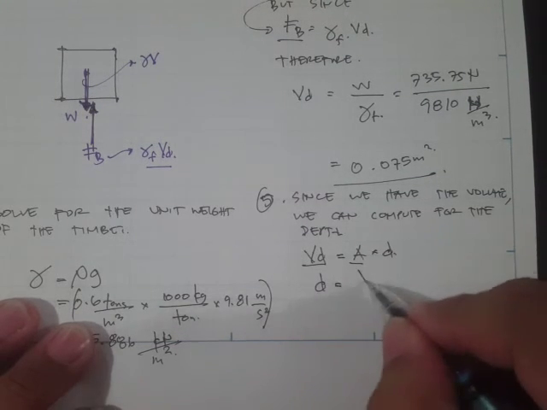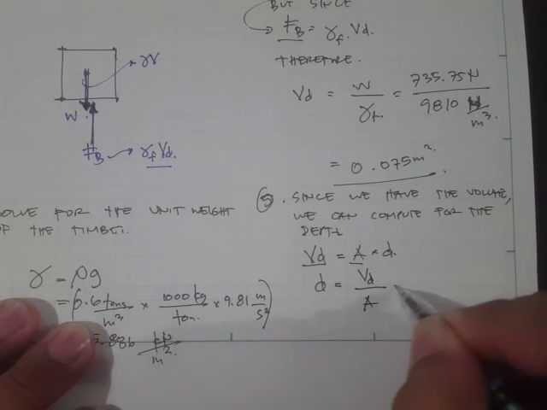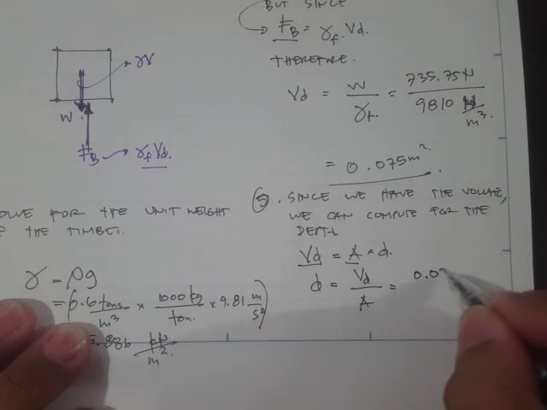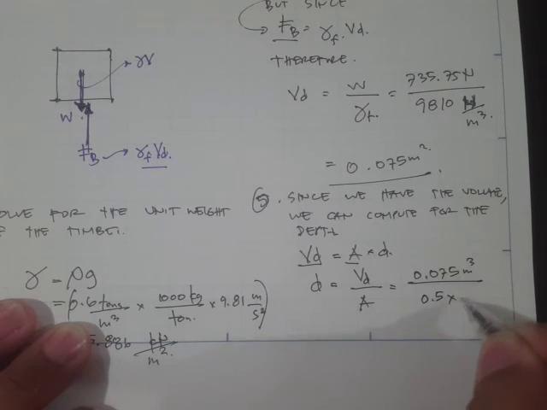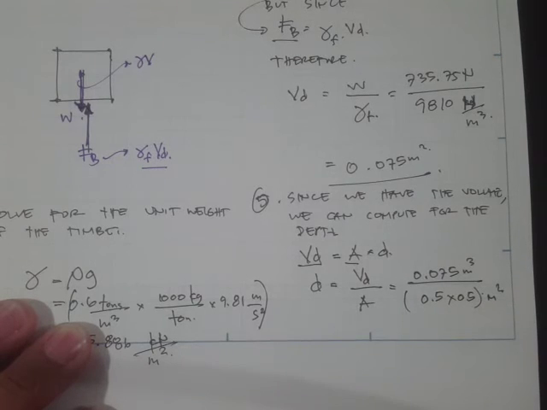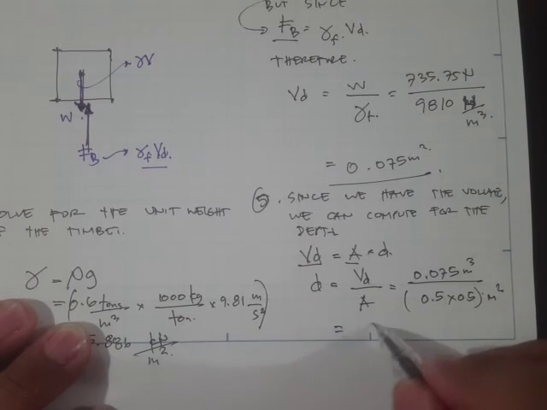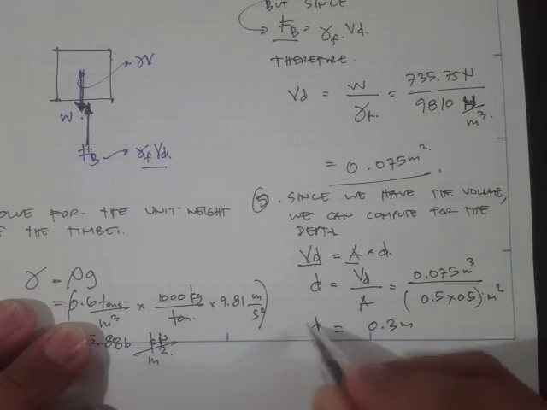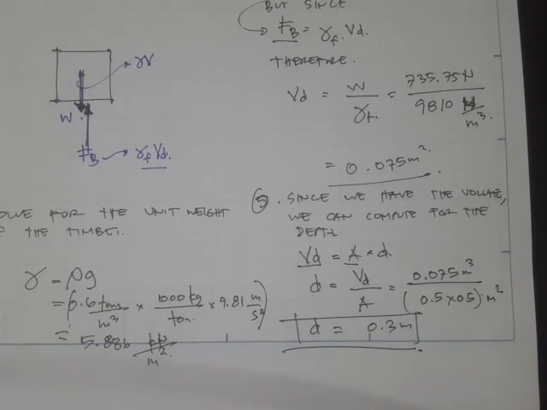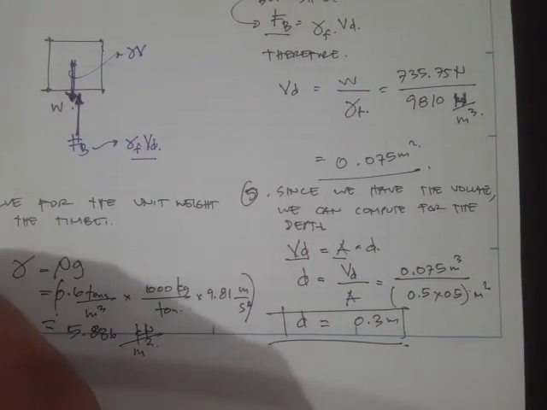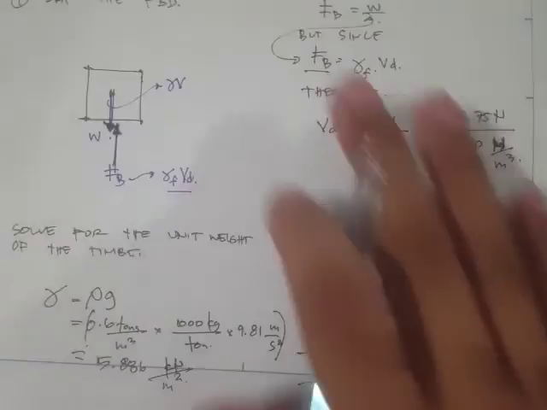Depth is simply the displaced volume divided by area, which is 0.075 meter cube divided by 0.5 by 0.5 meters squared, and therefore our depth is 0.3 meters. That's the answer for this problem.